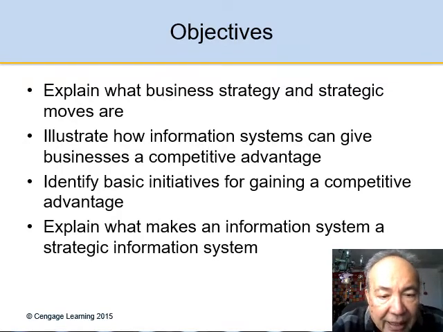Now, these are the objectives of today's lecture. Explain what business strategy and strategic moves are. Illustrate how information systems can give businesses a competitive advantage, which is very important.